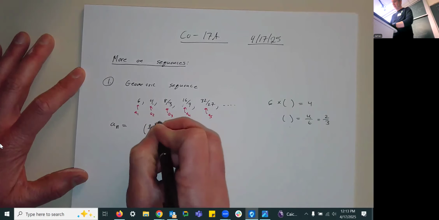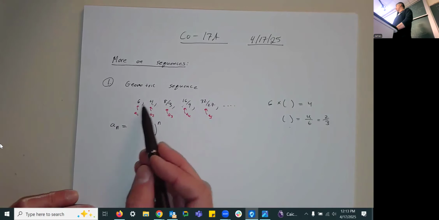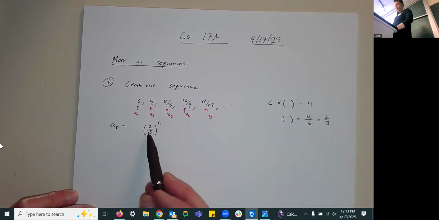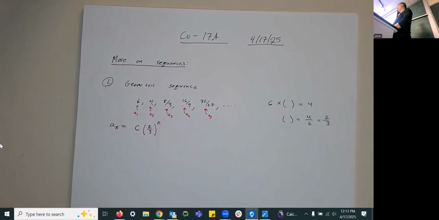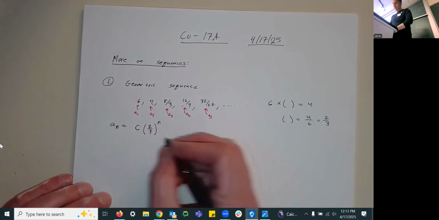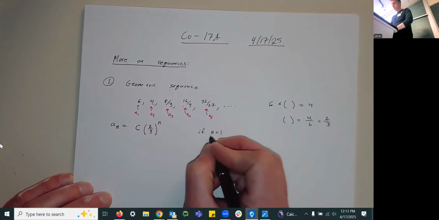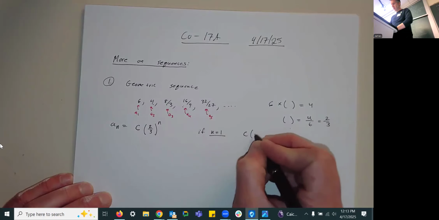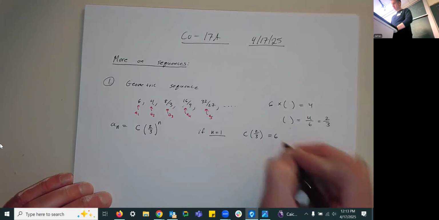2/3 to the nth power. But again, that's not quite all the story, because if I start off plugging in n equal to 1, I'm not going to get 6. I'm going to get 2/3. So I need some other number out front so that it works out to be correct. I need that if n equals 1, c times 2/3 to the first power equals 6.